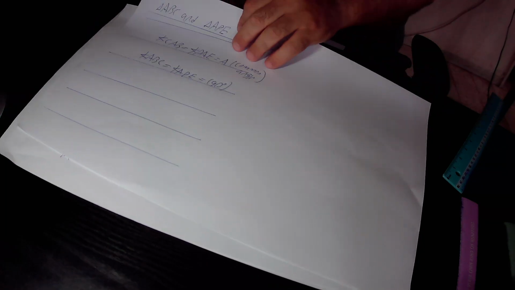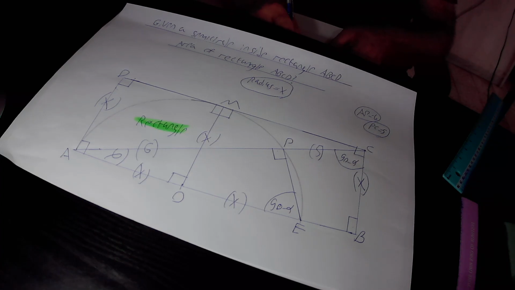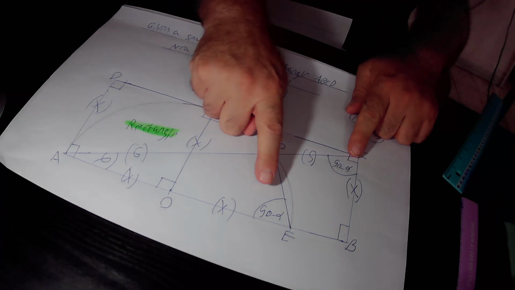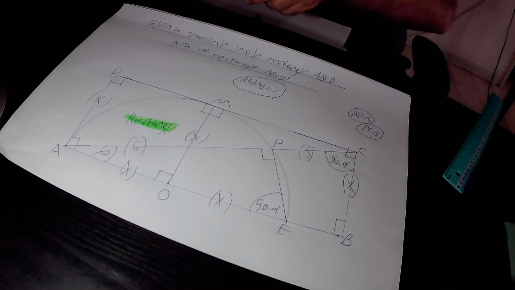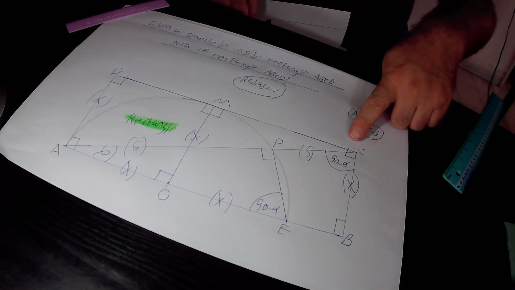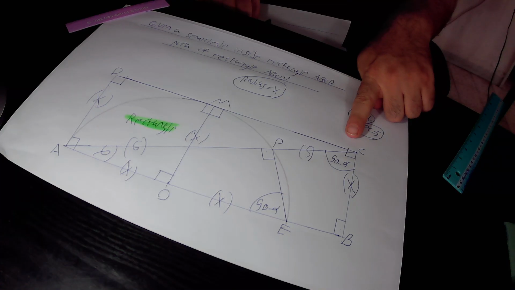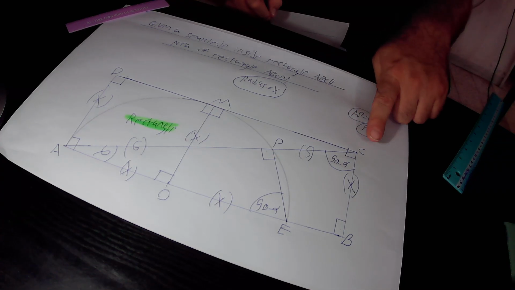And finally, those two angles are both equal to 90 degrees minus alpha, therefore they are equal to each other. So actually, this is angle ACB in the right big triangle ABC, and it is equal to this angle.